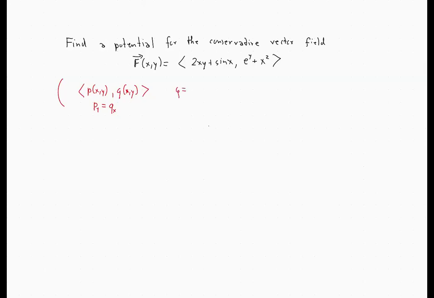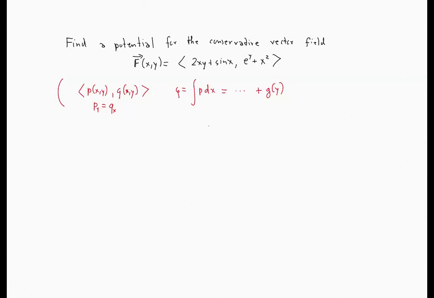And what you need to remember is that once you find the answer, just put plus g of y, because since you have a function of two variables and you're integrating with respect to x, then any expression of y, when you differentiate with respect to x, disappears, so it can serve as a constant.